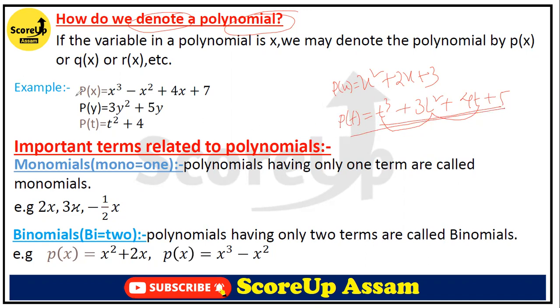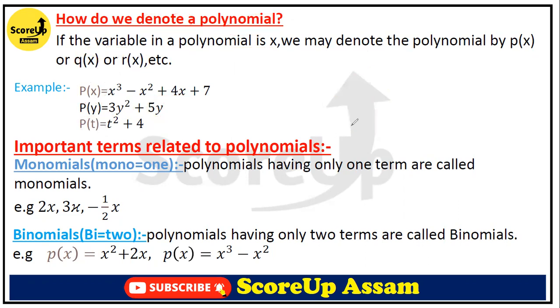So these are the representations. For x cube minus x square plus 4x plus 7, the polynomial is given as p of x. Y square plus 5y is represented as p of y. T square plus 4 is represented as p of t. Okay. If the variable in a polynomial is x, we may denote the polynomial by p of x, r of x. Okay. Now, important terms related to polynomials, or the classification of polynomials.